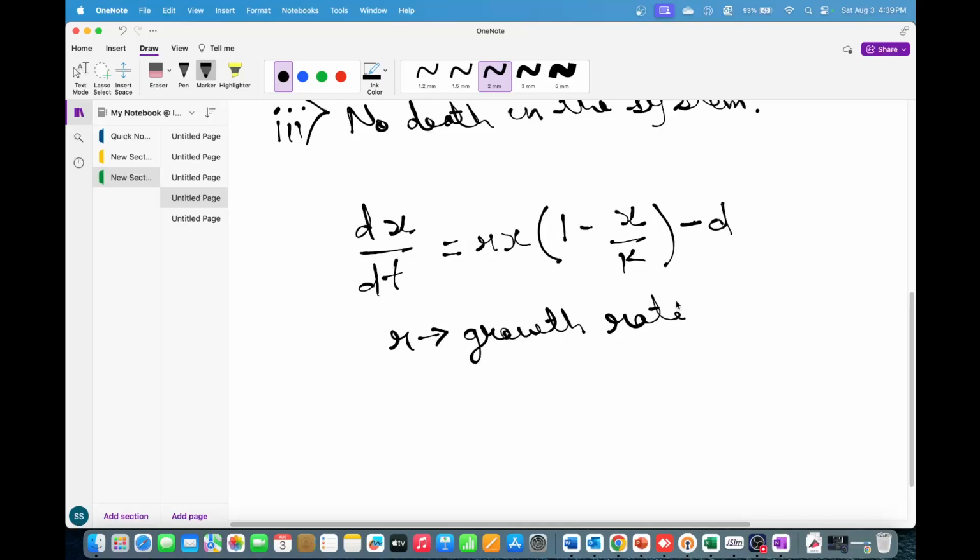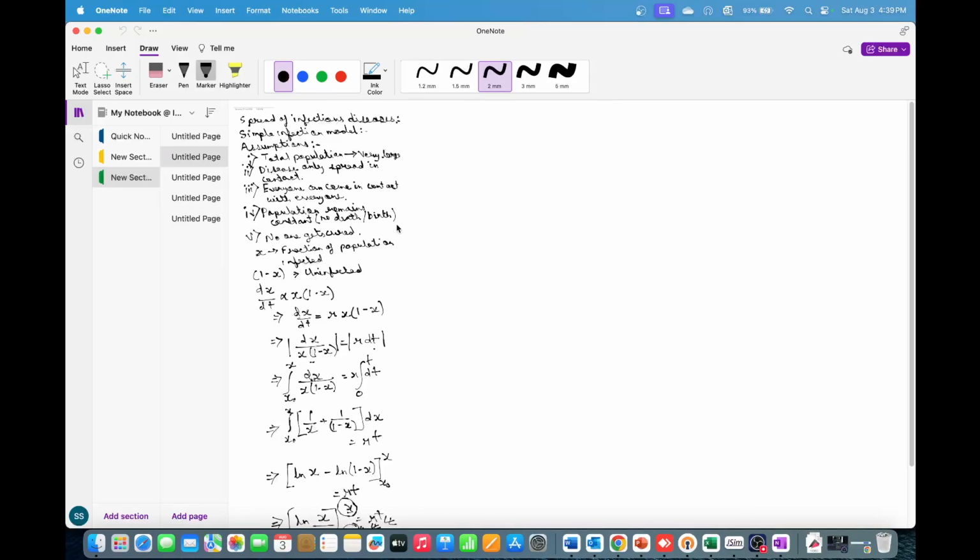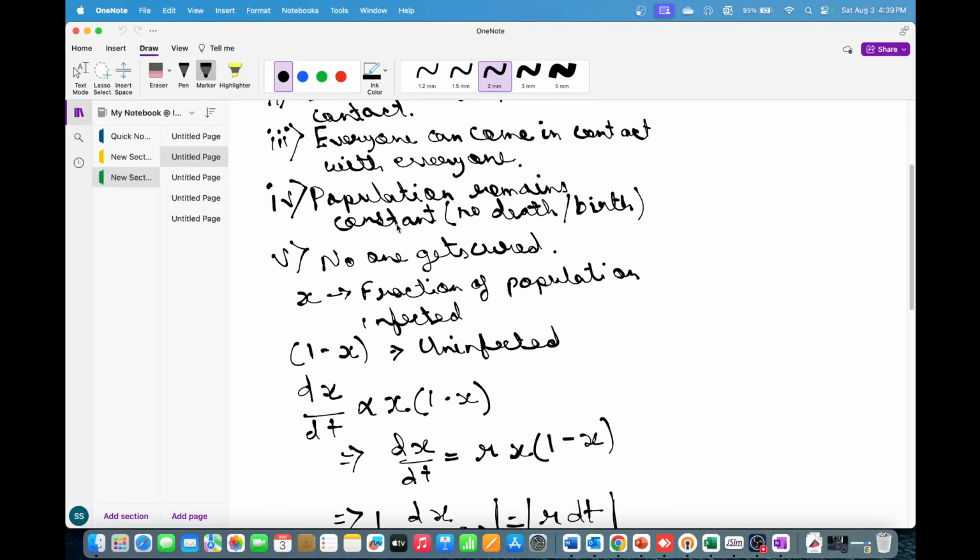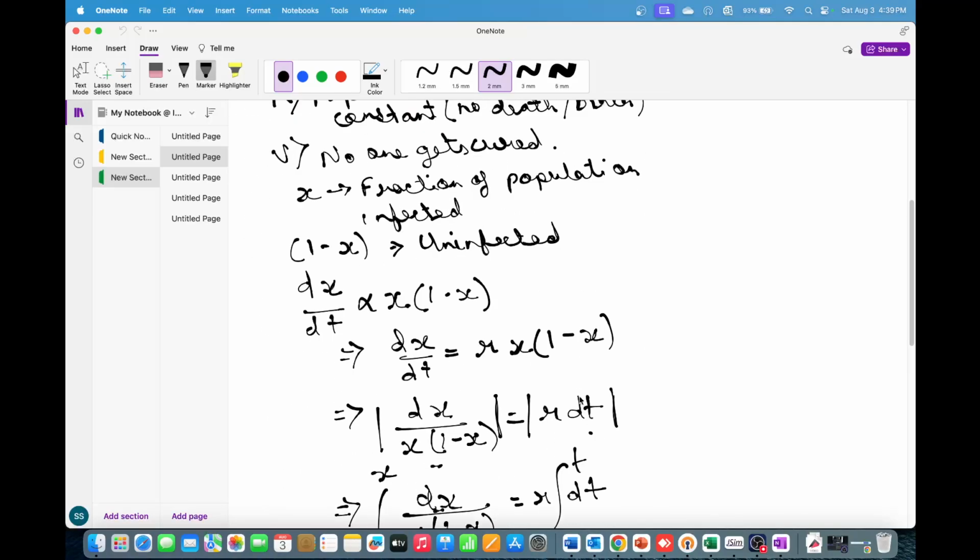It's simple. We saw the system Rx into 1 minus x last time, so it's similar to that. The extra thing we have added here is the k. If I go to the previous class, I hope you remember this part.